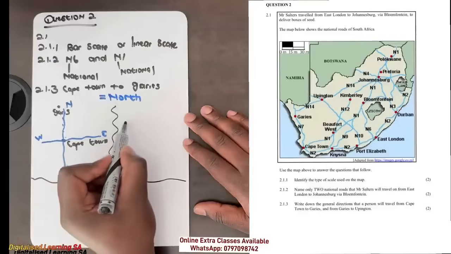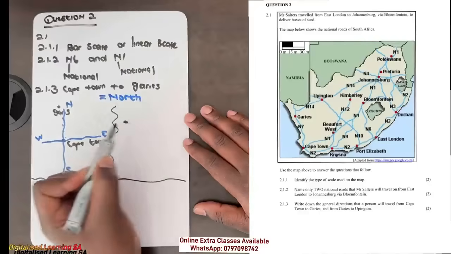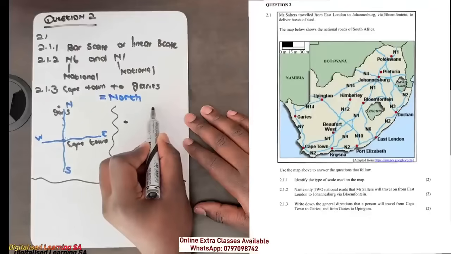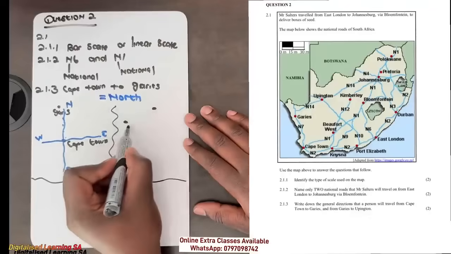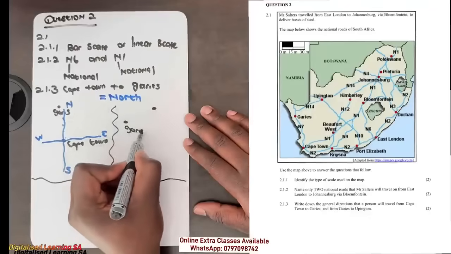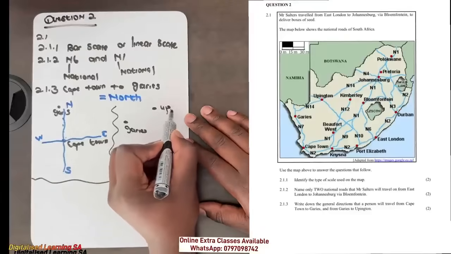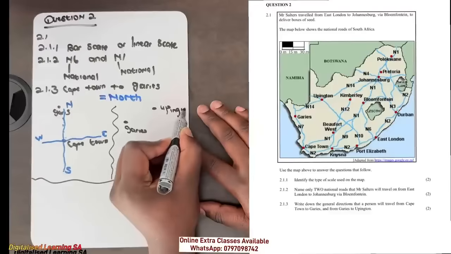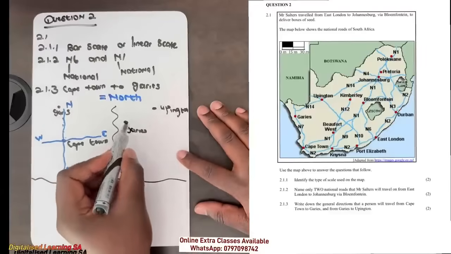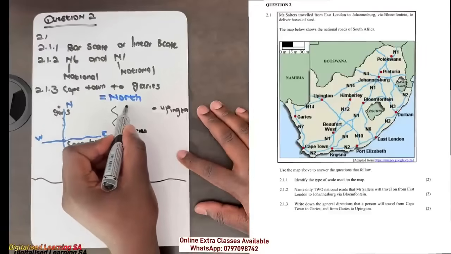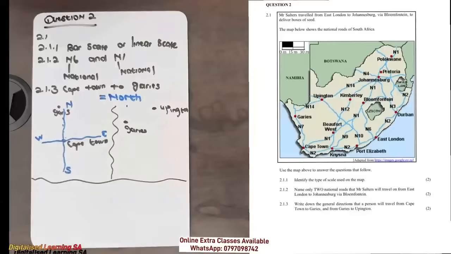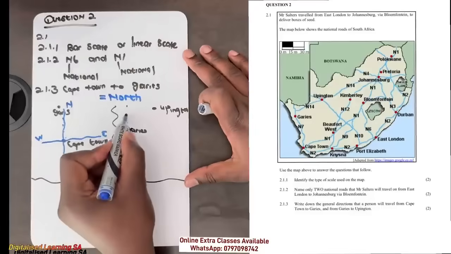It comes this side. So this will be our Garris, and this will be our Abington.